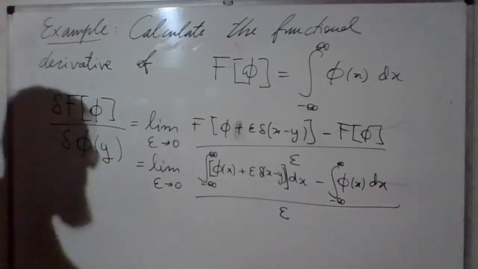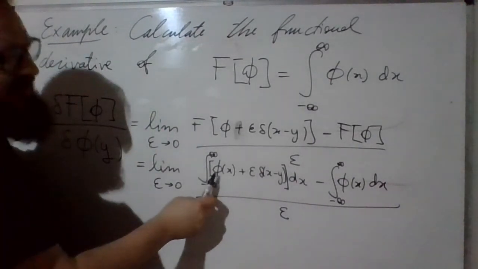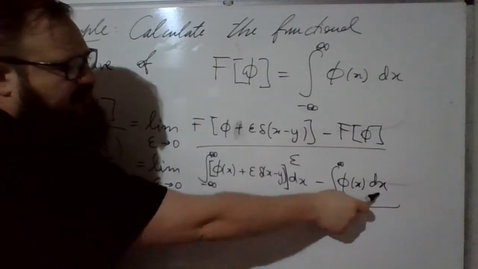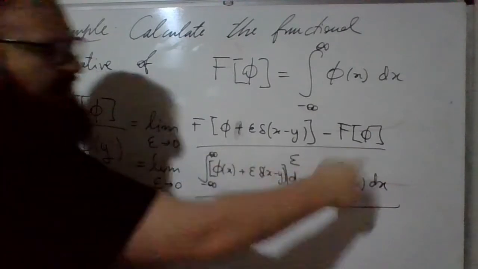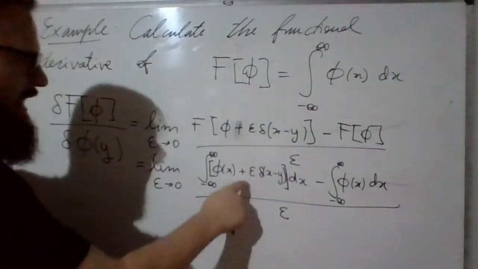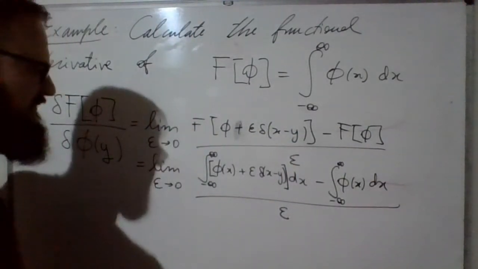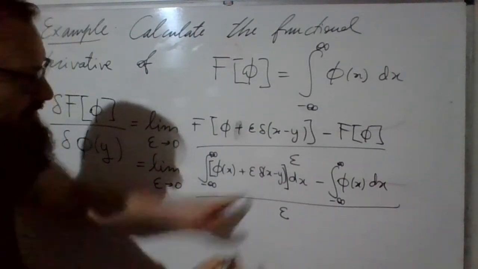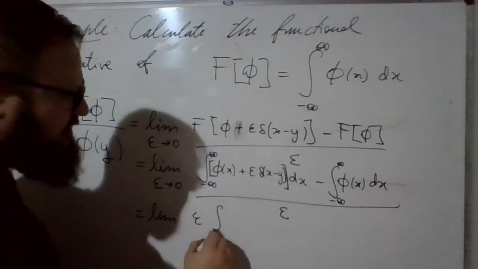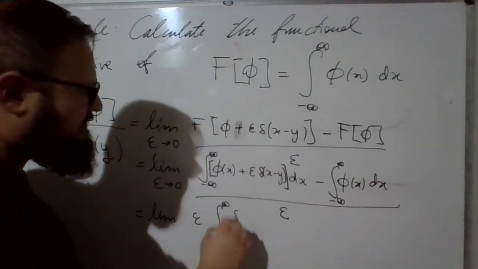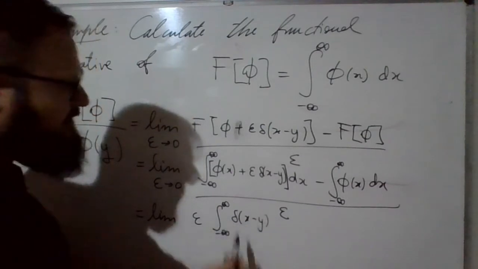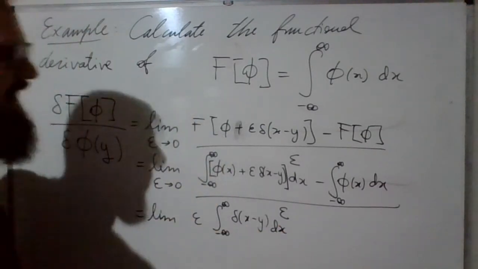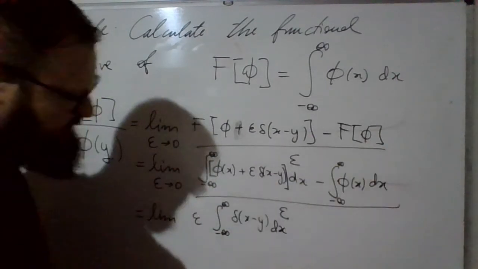Okay, so notice that you have the integral of phi of x dx minus integral of phi of x dx, which cancels out, and you are left with just the limit of epsilon, which is a constant, integral from minus infinity to infinity, the Dirac delta of x minus y integrated over all the values of x, summed over all the indices, okay?